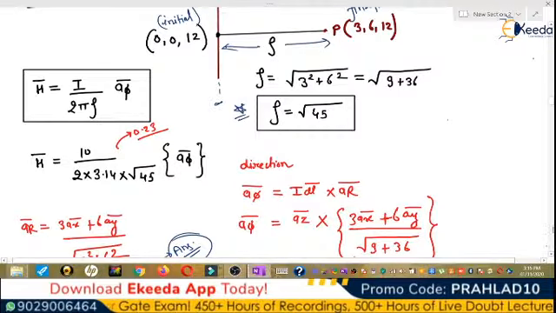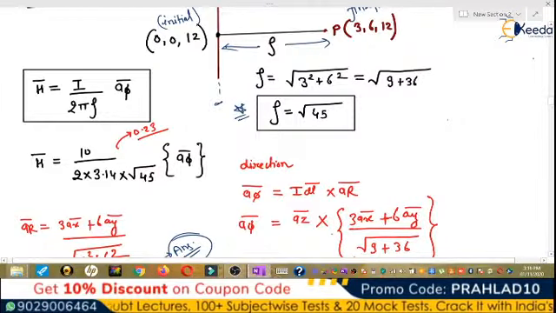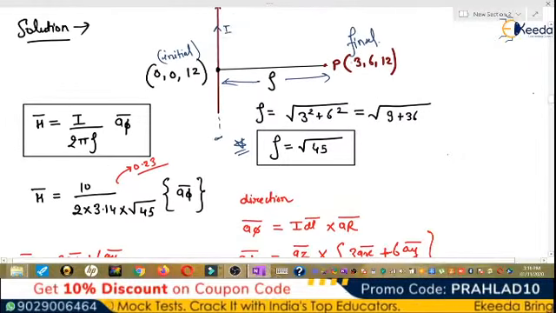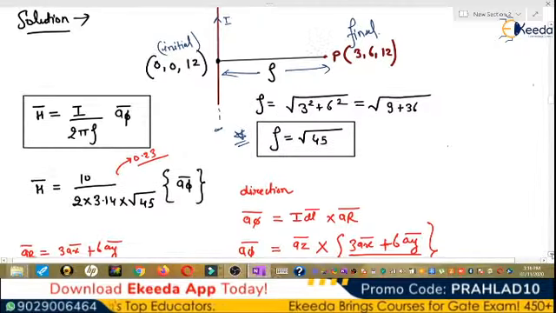A phi vector can also be calculated by using the AL vector cross AR vector in the Cartesian coordinate system. So the AL vector is AZ vector because the current carrying wire is placed along Z axis, and AR vector can be calculated as final minus initial by magnitude. So it is 3 minus 0 AX plus 6 minus 0 AY plus 12 minus 12, which will be 0.